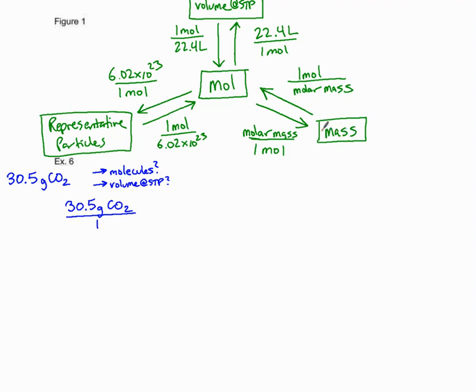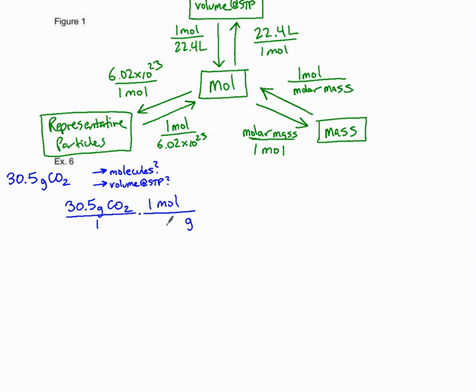So we're starting at mass, and so the only place we can go for a mass is to moles. And in order to do that, we are putting 1 mole on top and the molar mass of this compound on the bottom. So 1 mole goes on top, and the molar mass will be here.